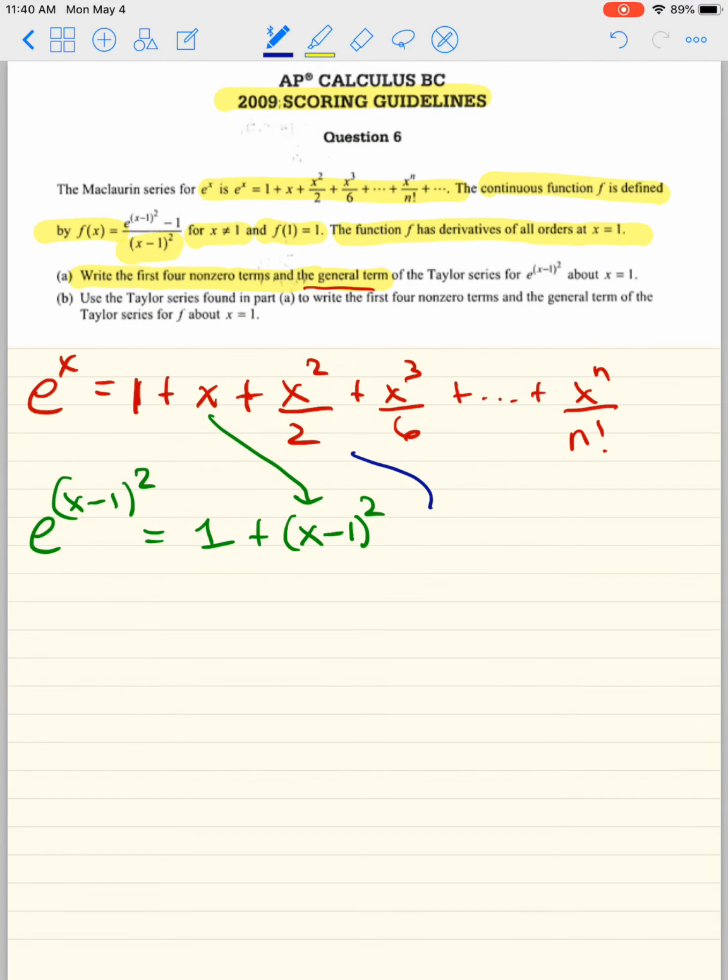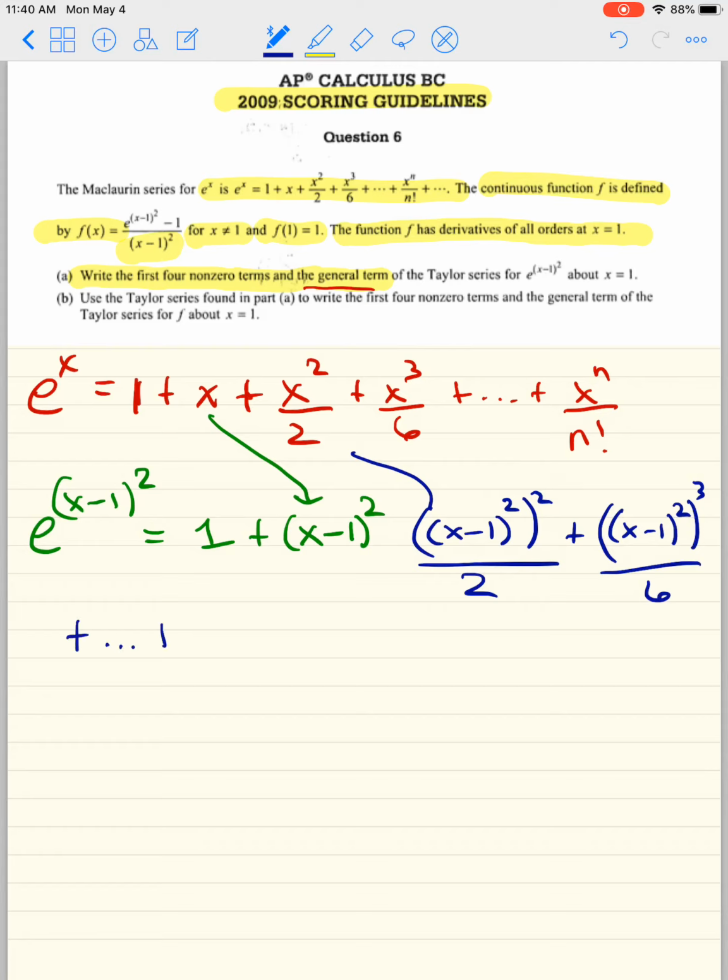I see an x, I go x minus 1 squared, which is basically to the 4th. I do another one, x minus 1 squared to the 3rd, which is x minus 1 to the 6th over 6. So when I get to the general term, you just follow the same pattern. Every time you see an x minus 1 squared to the n over n factorial.